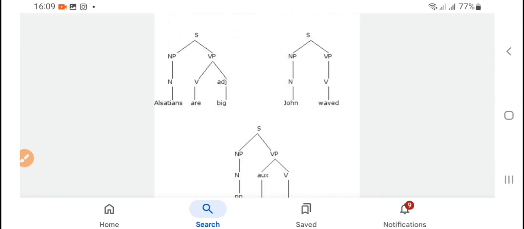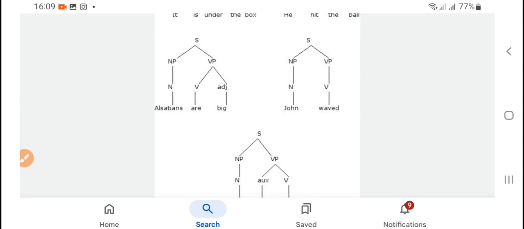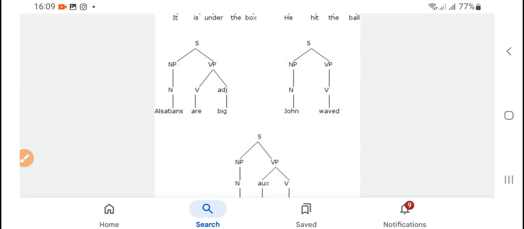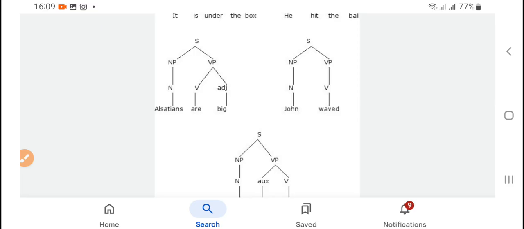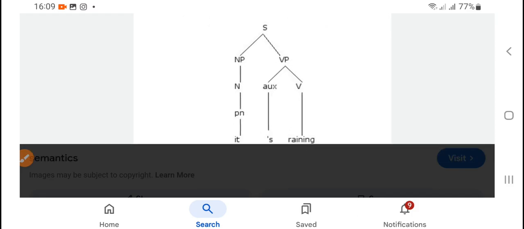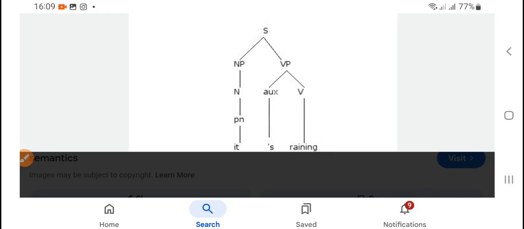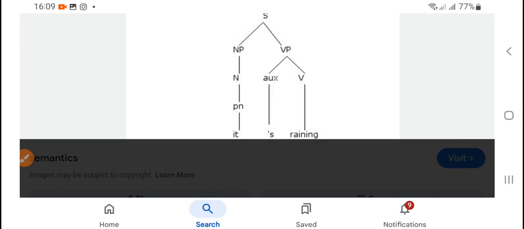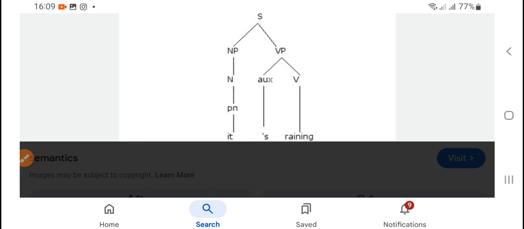Then this is a sentence, are big, right? So that's are big. Okay, now John waved. So that's John, noun phrase, waved. This way also sentences are analyzed. That's a sentence, it is raining. It, right, is the helping verb of raining.